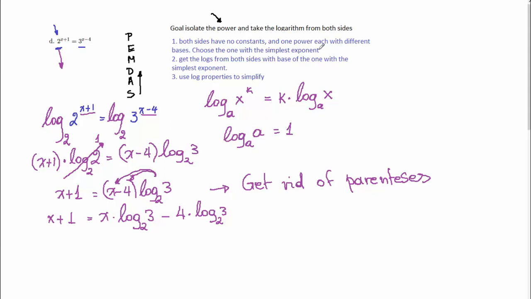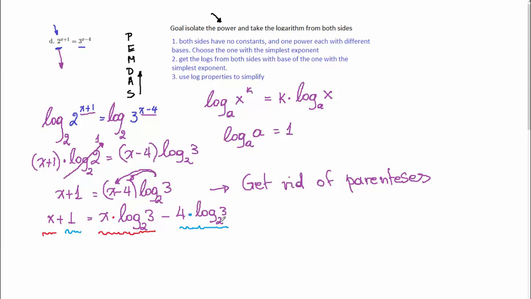The reason for that is because I want now to separate the variable terms that I have in my equation, that is the x and the x times log with base 2 of 3, from my constant terms that I see in my equation, and this is the number 1 and the number negative 4 times log with base 2 of 3. Now you will tell me, why is this a number?